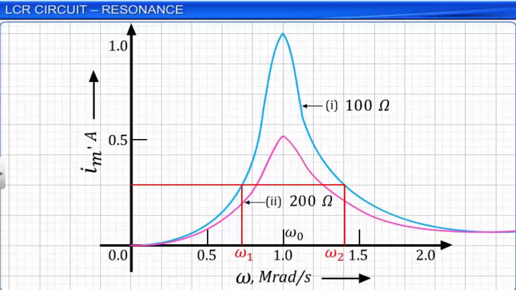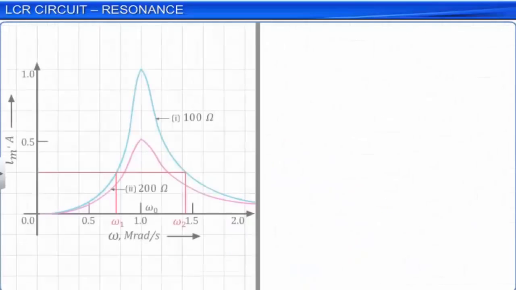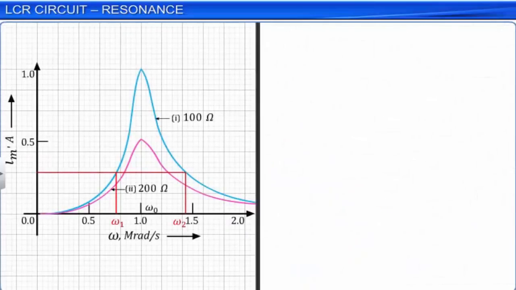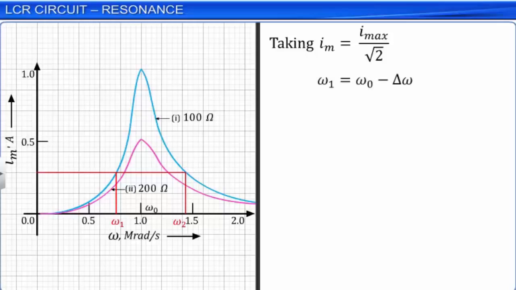Let us consider the specific case of the frequency at which the amplitude of the current is 1 by root 2 times the maximum value of the amplitude of current, I max, at natural frequency. Let the corresponding angular frequencies be omega 1 and omega 2. From the graph, we have omega 1 is equal to omega naught minus delta omega, and omega 2 is equal to omega naught plus delta omega, where delta omega is the difference between omega naught and omega 1 or omega 2.